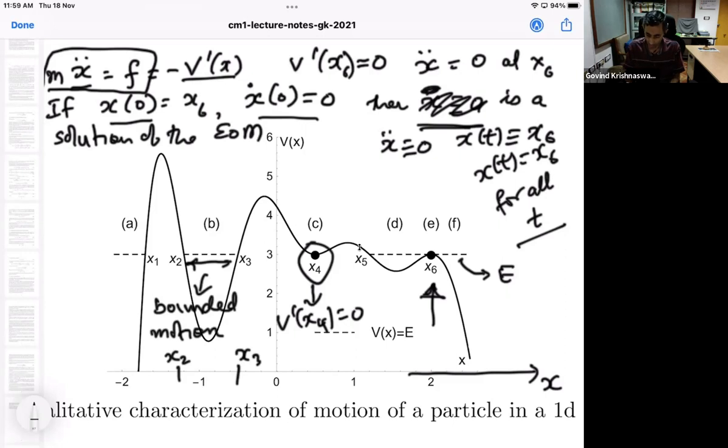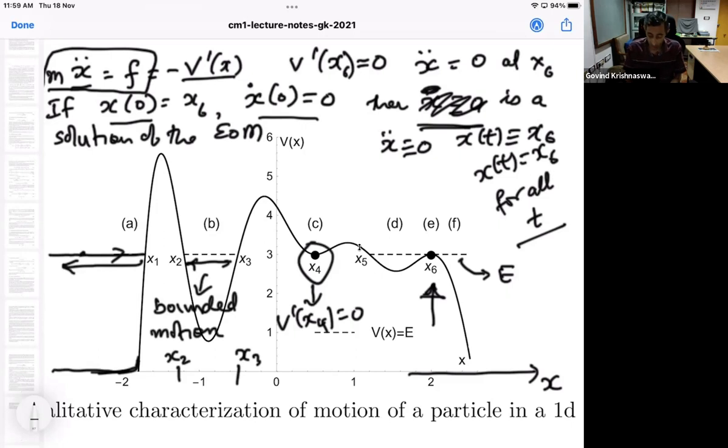Whereas if the particle begins somewhere on the left here, and if the potential has gone to 0 beyond that point, then the particle can display unbounded motion: it can come in from the left, scatter against this potential, and go back out to infinity or minus infinity.